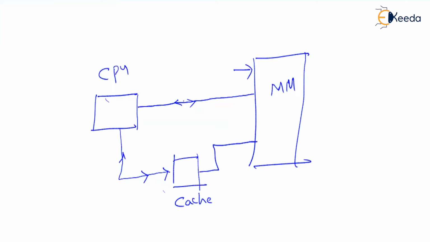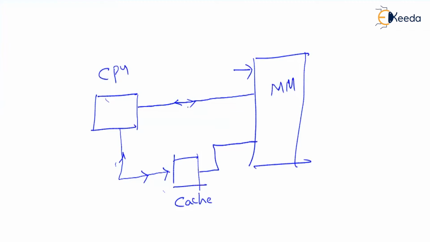Now stay focused. When cache has the data element, then the data element will be collected directly from the cache memory. If the cache doesn't have the data element, CPU is going to access main memory to get the data. Now let us say cache doesn't have the data element, main memory will be accessed and CPU will access this data.